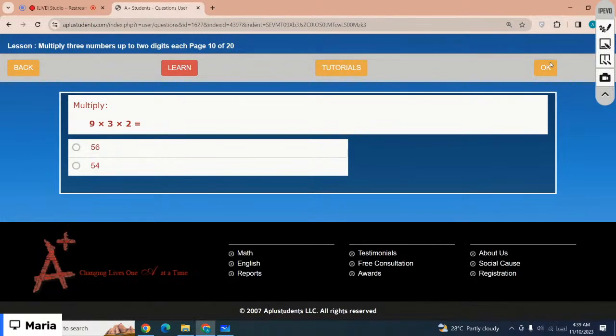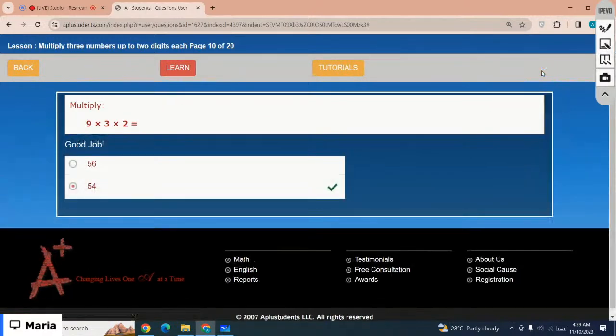Okay, the next one is 9 times 3, which is 27. And 27 times 2 is, yes, the correct option is 54. 9 times 3 is 27 and 27 times 2 is 54.